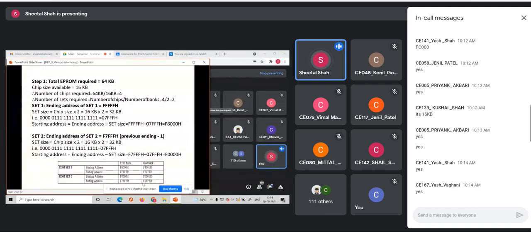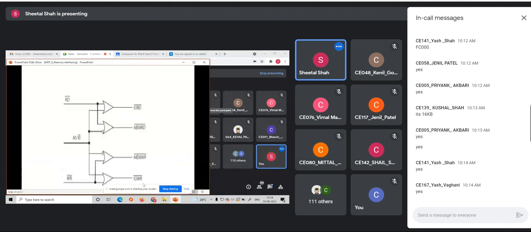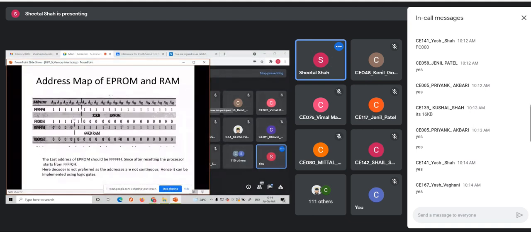Okay. Whereas if I change the rest of the bits to all zeros, here also again, F7. So 1111, this bit would become 0 for the next. F8000 minus 1 would be F7FFF.